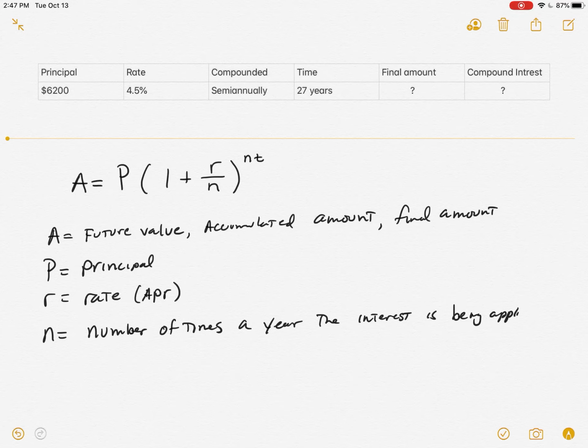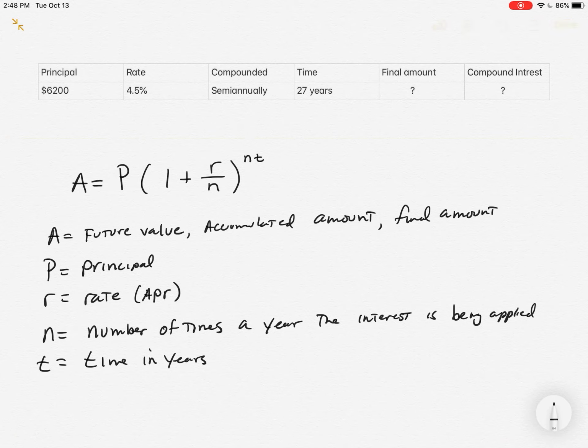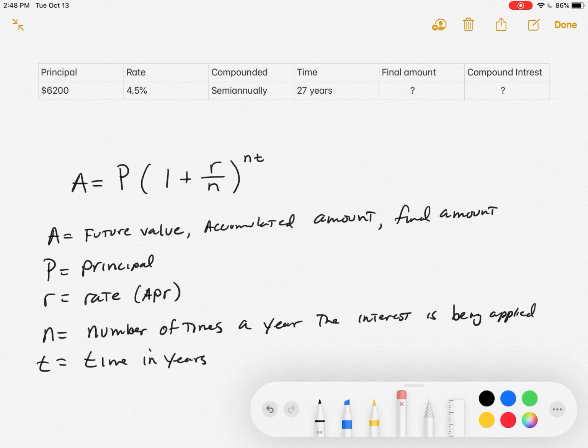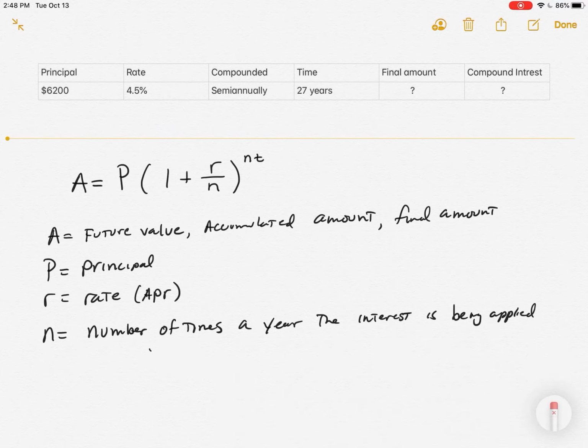So we'll talk about that in the context of our problem. The only other variable is t, which is time, and always in years. Awesome. All right, so that is our formula. Those are the descriptions of the variables. Since this is in a video, I'm going to go ahead and erase this, knowing that you could back up and rewrite what those are.